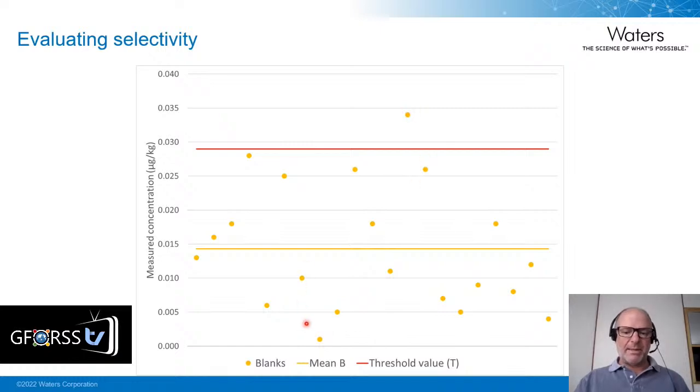What we're doing is looking at the mean of those values, which is the line across here, and then the standard deviation, and we add that standard deviation to the mean to get our threshold value. In this particular case, we have a single value that exceeds the threshold value. And one value out of the 20 is still enough to give us a false positive rate of less than or equal to 5%.